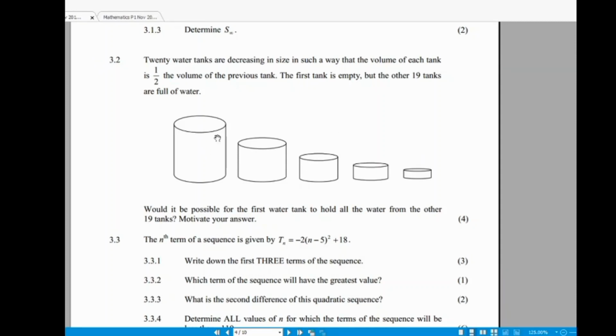If we take the water from the other tanks and pour that amount of water into the first tank, will this first tank be able to hold that amount of water? We have to prove it and justify our answer. So let us solve it.